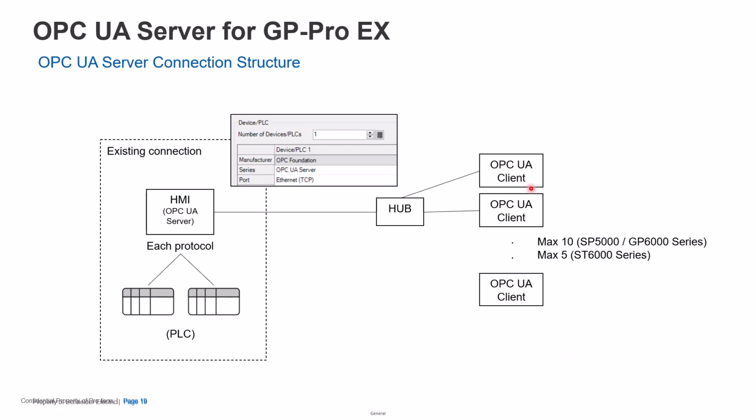You're going to have OPC UA clients hitting the HMI as an OPC UA server, sharing PLC data to these clients. And you can see the SP5000 and GP6000 will serve up to 10 UA clients, and the ST6000 will serve up to 5.